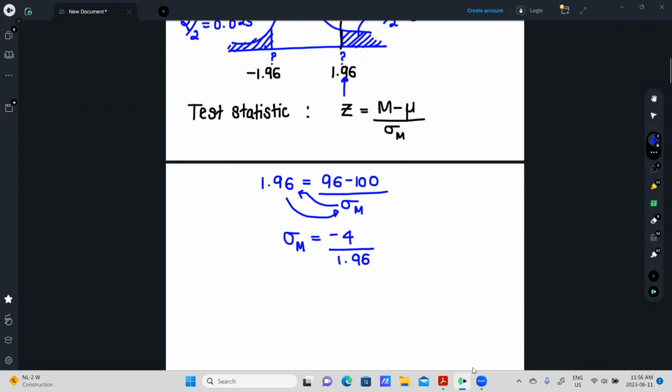Since sigma M has to be a positive value, and Z can be negative or positive 1.96, I can consider the negative 1.96, so this will be positive. So I need 4 divided by 1.96, which is equal to 2.0408. I'm going to use only 2 decimal places, so I'll write this as 2.04.